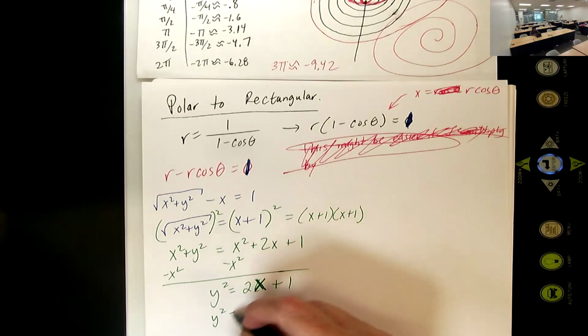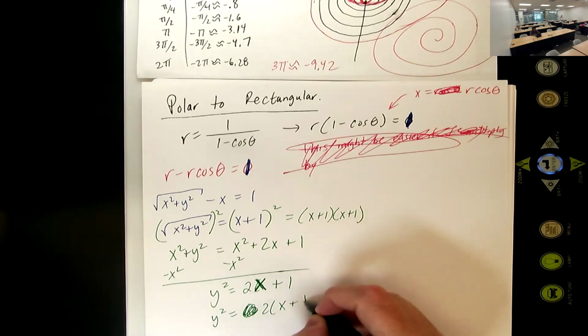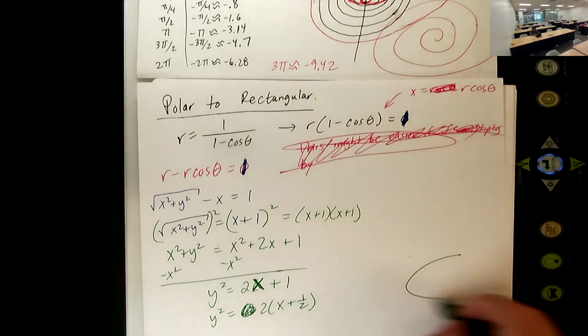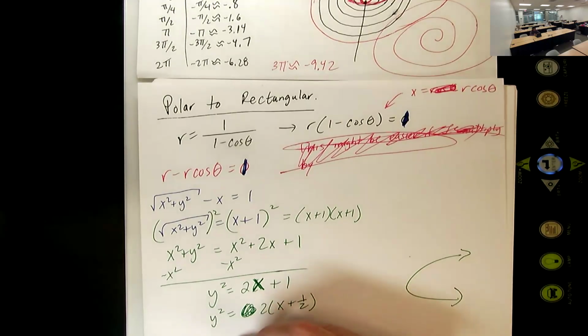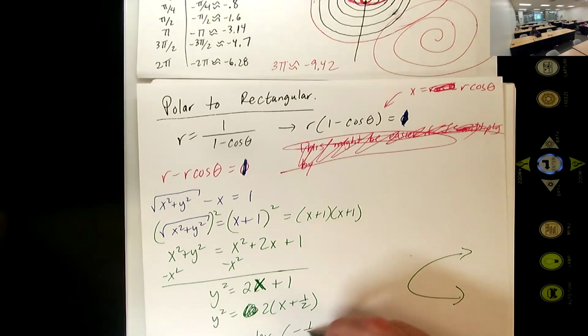If I factor out the 2, I can see where the vertex is. This is a parabola that opens to the right. And the vertex, if you remember your algebra, will be at negative 1/2, 0.